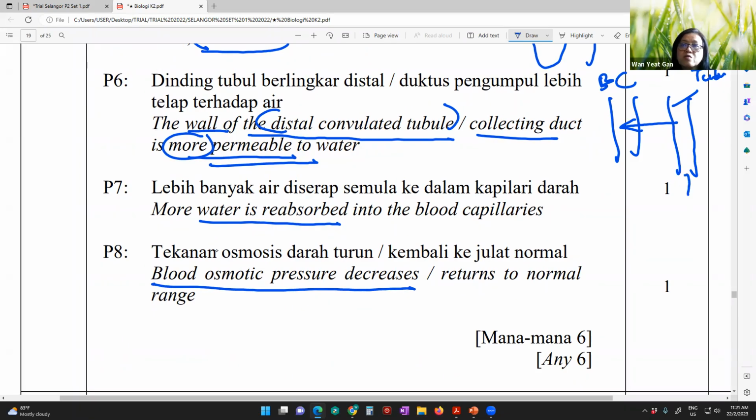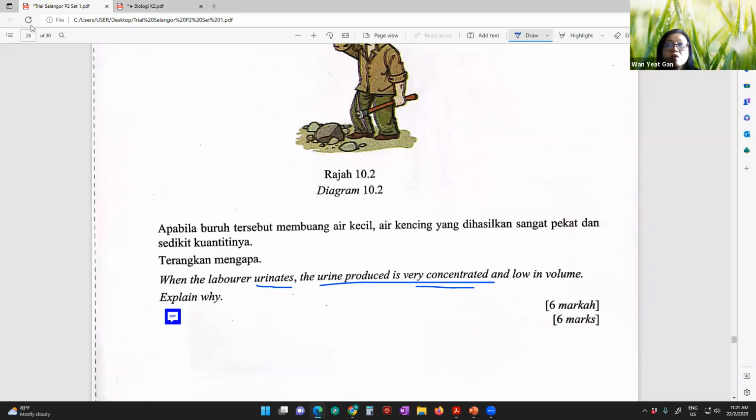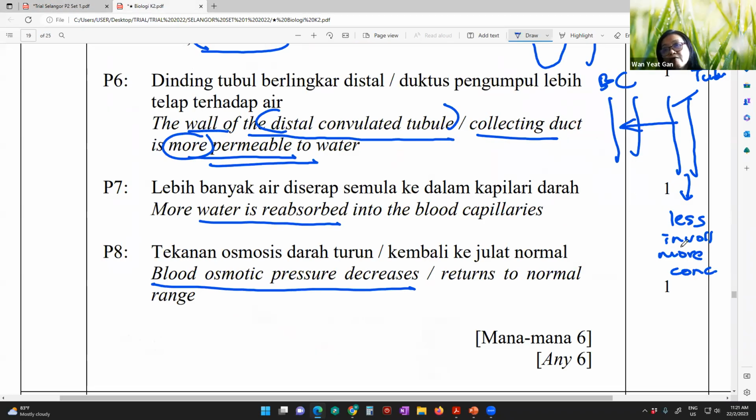Which means that the urine he produces will be less in volume and more concentrated. Okay, so you look back at the question, it says that the urine is more concentrated and low in volume. So because more water has been reabsorbed, therefore his urine will be less in volume and more concentrated.